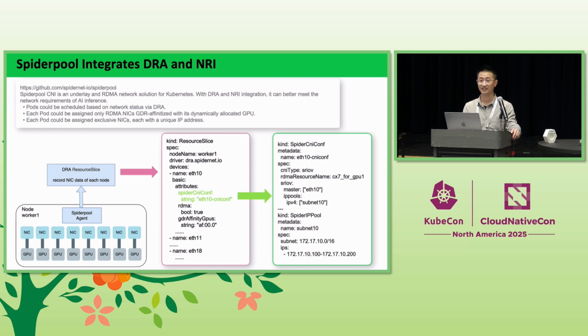It can detect the PCIe affinity between NICs and GPUs and provide fine-grained allocation of RDMA devices. On the other hand, based on SRIOV, containers can be provided with dedicated RDMA NICs and independent IP addresses, ensuring that each container's RDMA traffic is individually traceable within the network. So let's dive into the details.